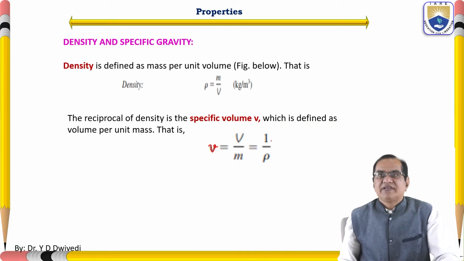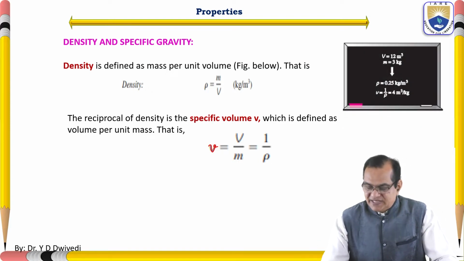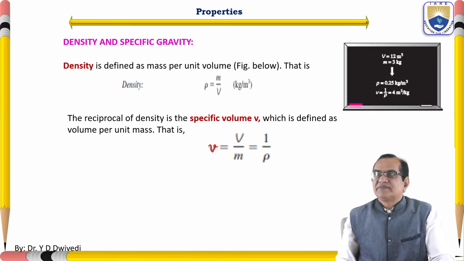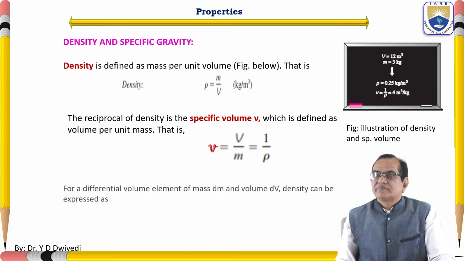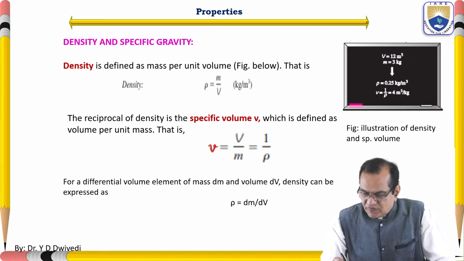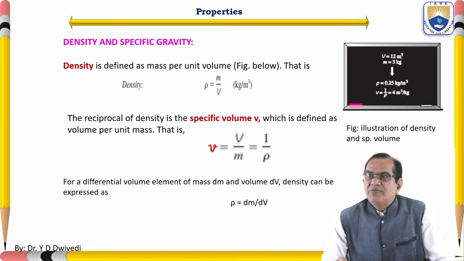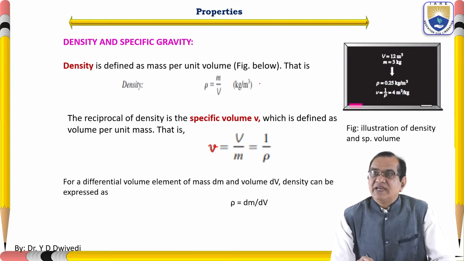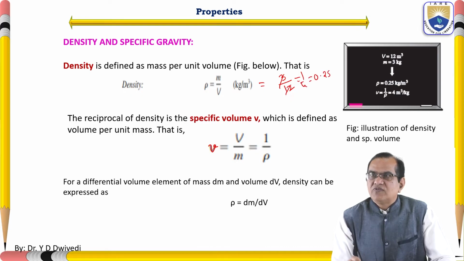And we can see in this diagram that V is equal to 12 meter cube and mass is equal to 3 kg. So density is equal to what? Density is equal to mass by volume. If I put mass equal to 3 and volume equal to 12, this is 1 by 4, 0.25 kg per meter cube.